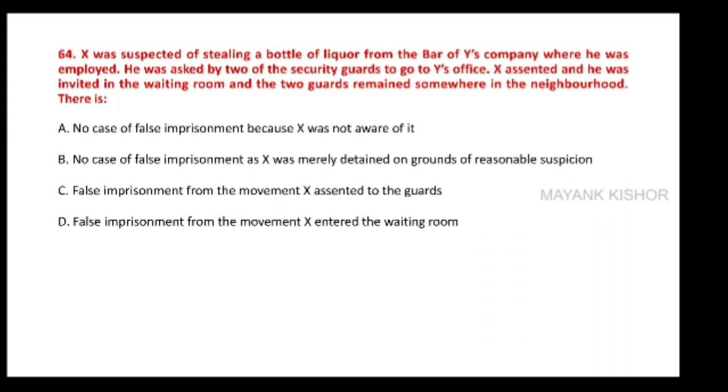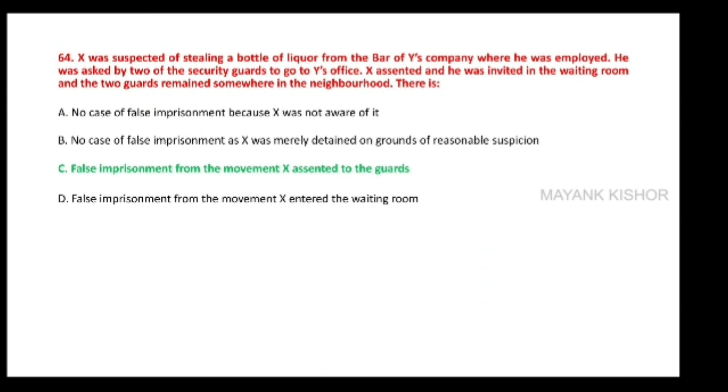Option A, no case of false imprisonment because X was not aware of it. Option B, no case of false imprisonment as X was merely detained on ground of reasonable suspicion. Option C, false imprisonment from the moment X assented to the guards. Option D, false imprisonment from the moment X entered the waiting room. And the correct answer is option C, false imprisonment from the moment X assented to the guards.